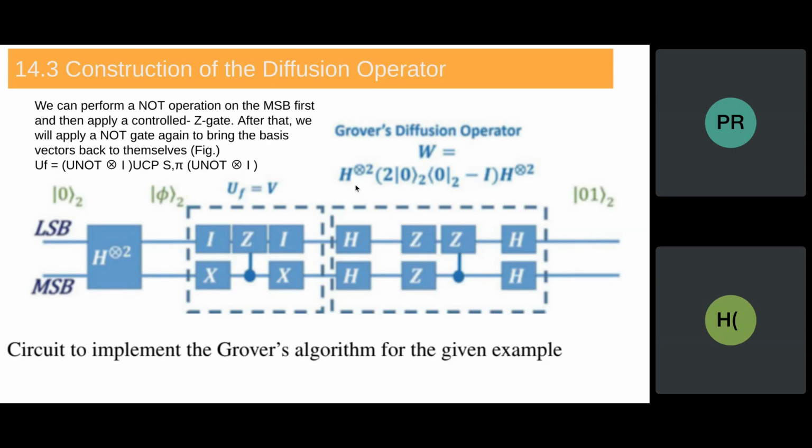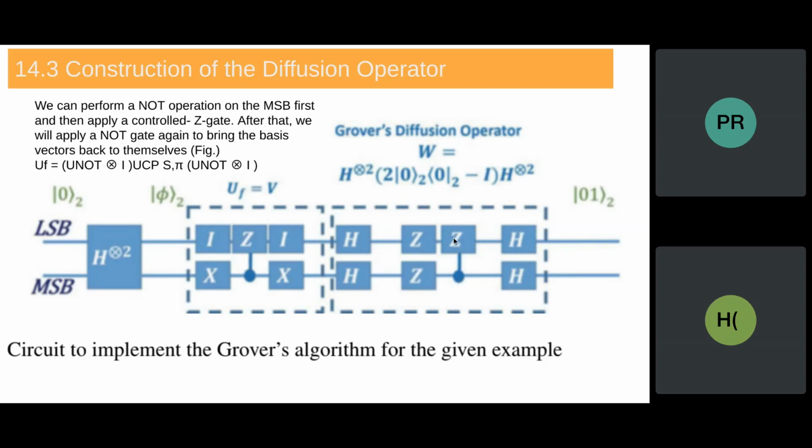So for the W operation, we have Hadamard on this side and Hadamard on this side, which is 2, and then we have a phase. So we have done a control phase shift here.